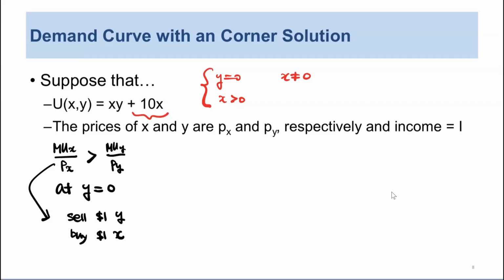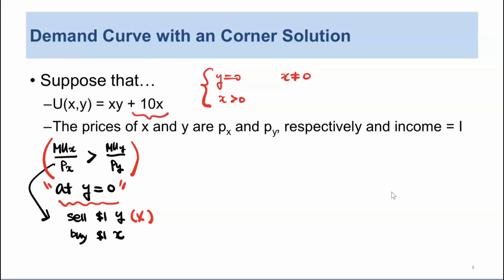But the problem right now is that you are at y equal to 0. So you cannot sell it. You cannot make your y negative. So in that case, in other words, if this condition is satisfied at y equal to 0, that point can be optimal if it is on the budget line.